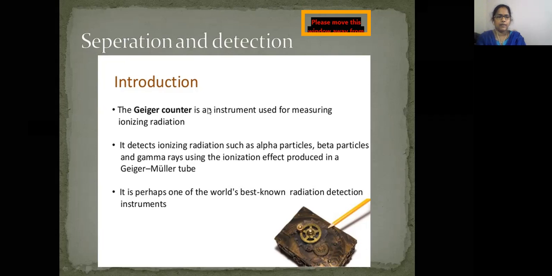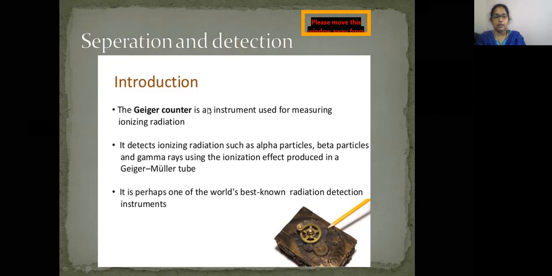We have advanced techniques also. You can use any of these methods and get the extract. After getting the crude extract, you have to separate the constituents by using different chromatographic techniques.